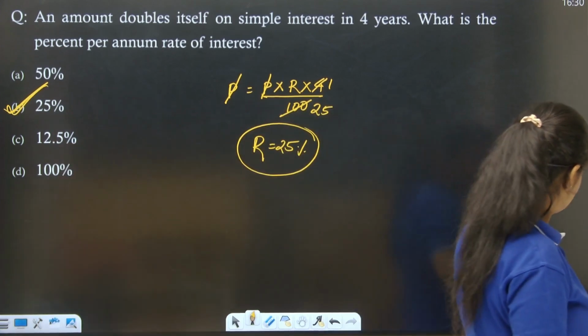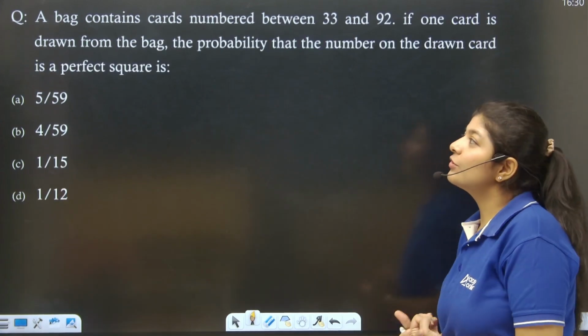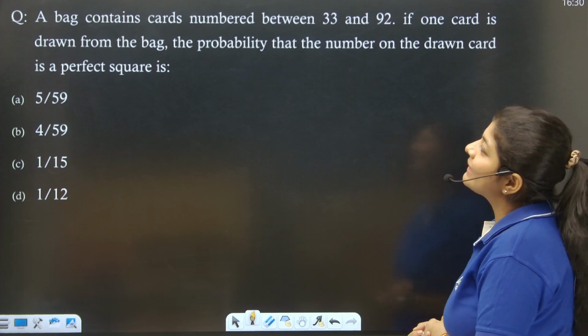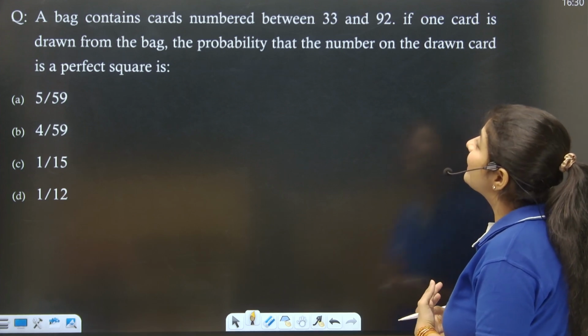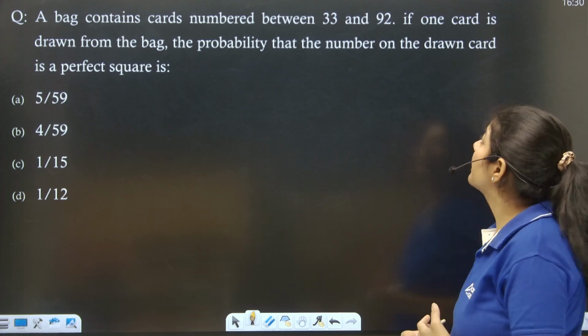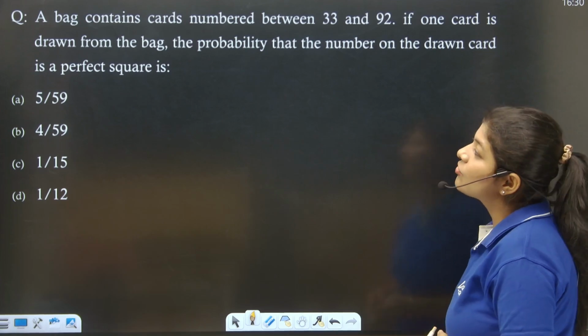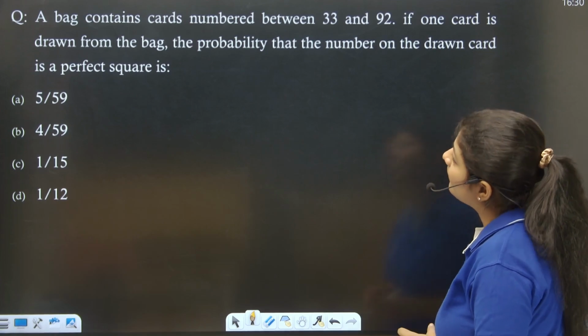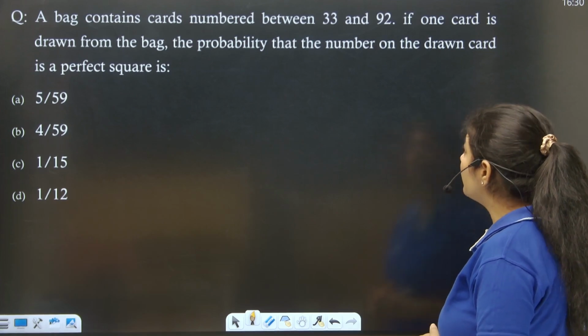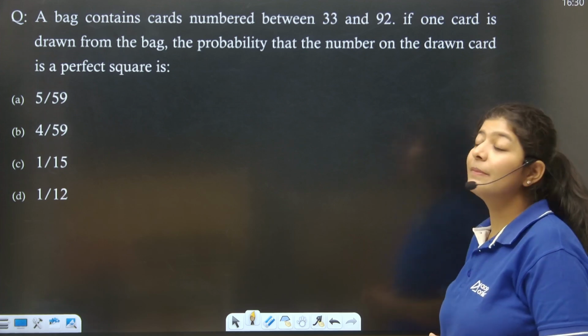Very simple. Next. The next question says that a bag contains cards numbered between 33 and 90. If one card is drawn from the bag, what is the probability that the number on the drawn card is a perfect square?